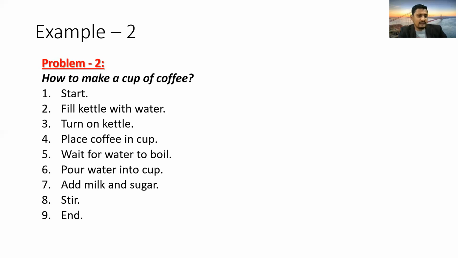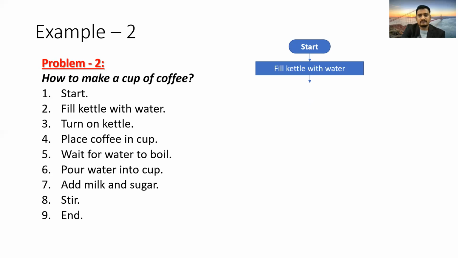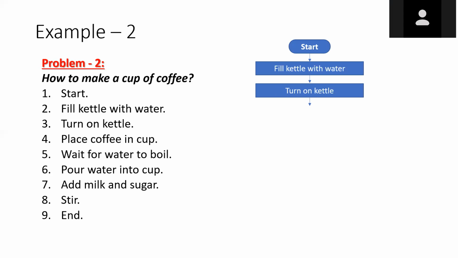Our task is ended. Now, if we represent this by using a flowchart, the same steps, like this way, we have to start. Fill kettle with water. This is the processing symbol. And turn on kettle. This is also processing.